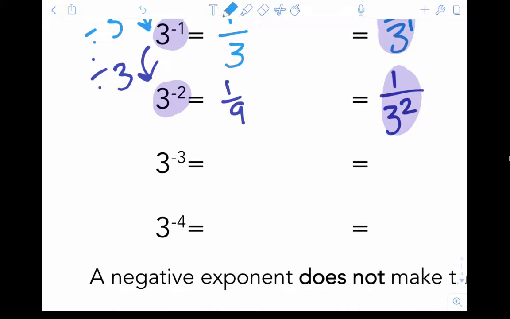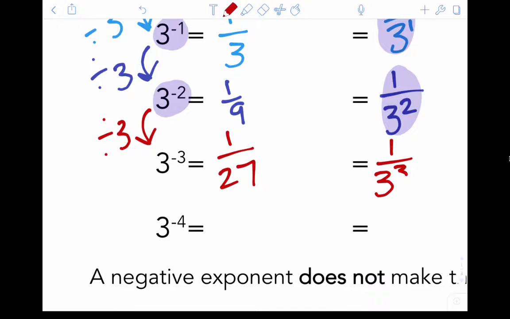I'm going to divide by 3 one more time. 1/9 divided by 3, I can work that out, but I'll tell you that that's 1 over 27. Well, I know 27 is 3 to the third, so 1 over 27 is 1 over 3 to the third. Once again, 3 to the negative third is equal to 1 over 3 to the third.